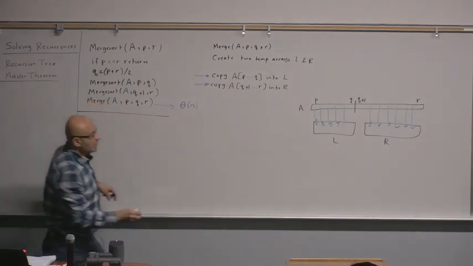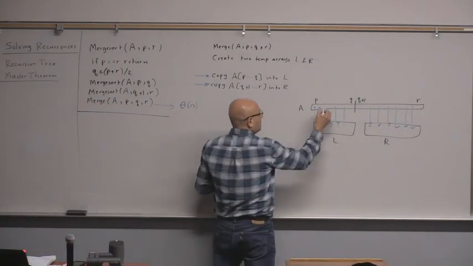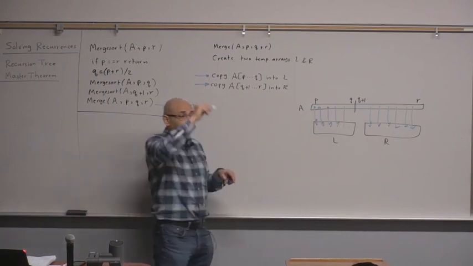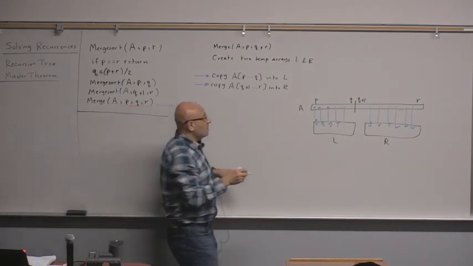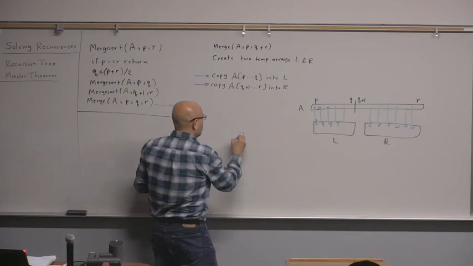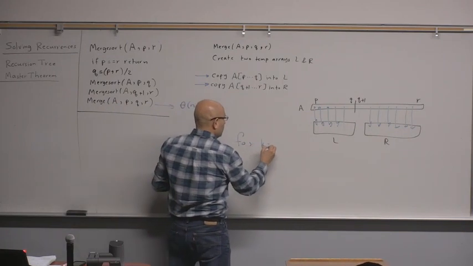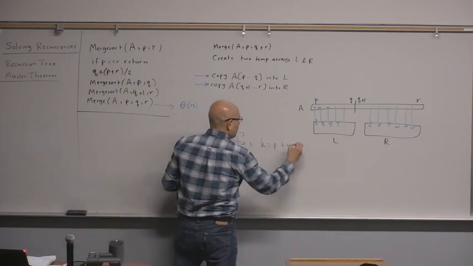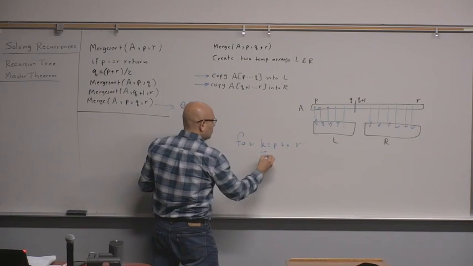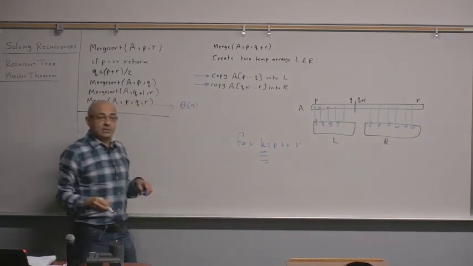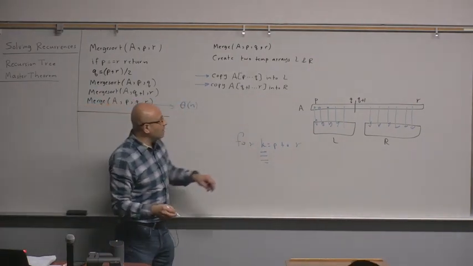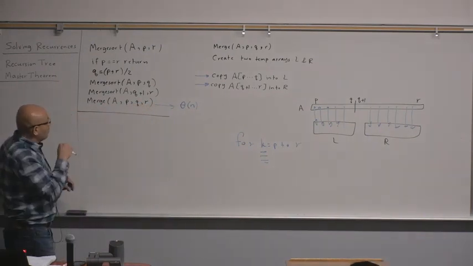This merge is going to be, it's a loop. Basically, it's a loop. And it does one comparison. Or if you look at the loop, k equals p to r, what's inside the loop is a constant. So it's a loop that goes from p to r, and what's inside the loop is a constant.